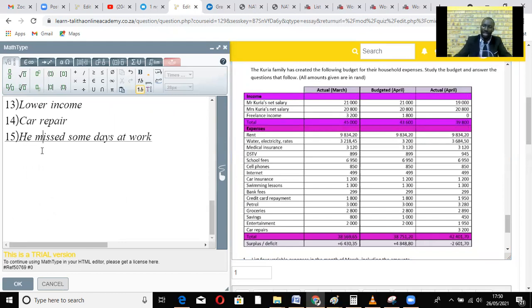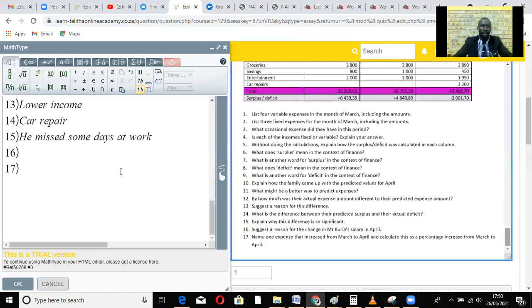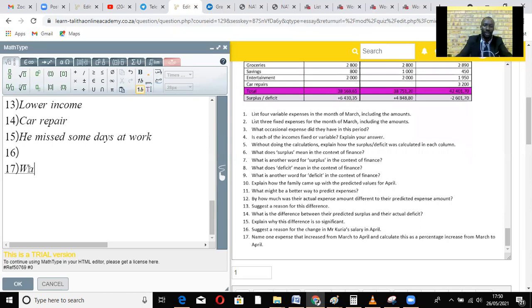So we have already discussed question 16. We just want to look at question 17. The question here is that we look at one expense that has increased. That is water, electricity, and rates. We write it down as water, electricity, and rates.